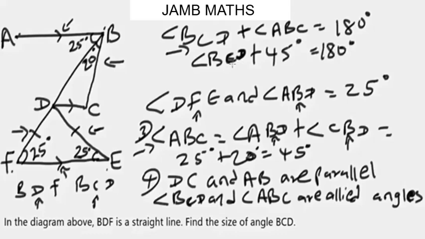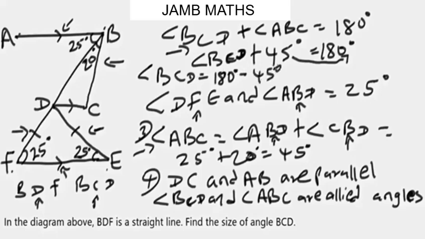Now to make BCD the subject of the formula, this 45 degrees crosses over the equality sign and changes to negative. So therefore our angle BCD we are asked to find will be 180 degrees minus 45 degrees.